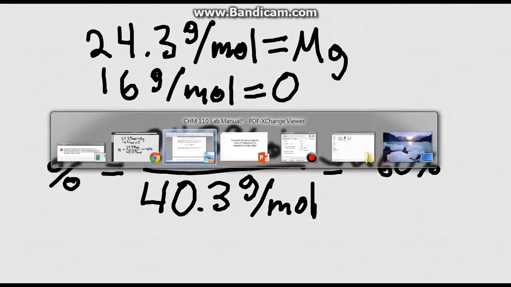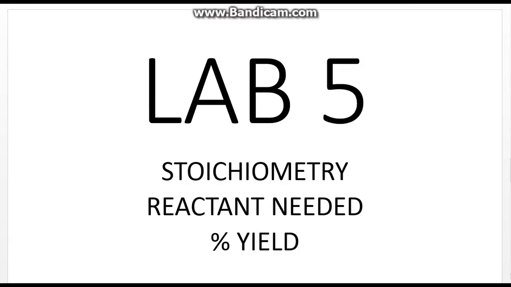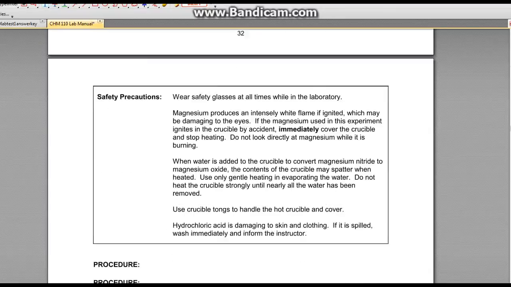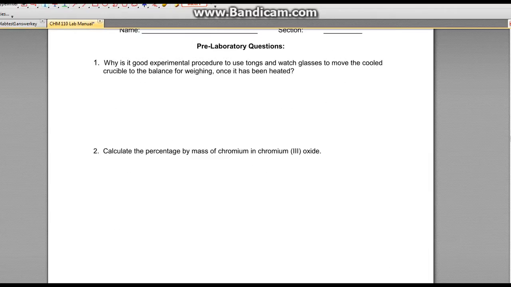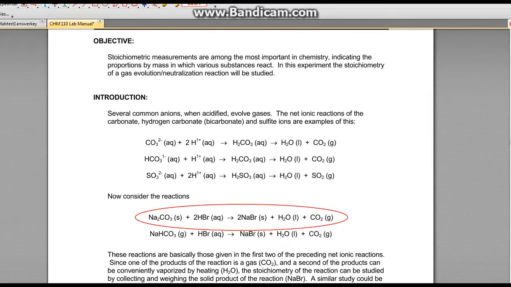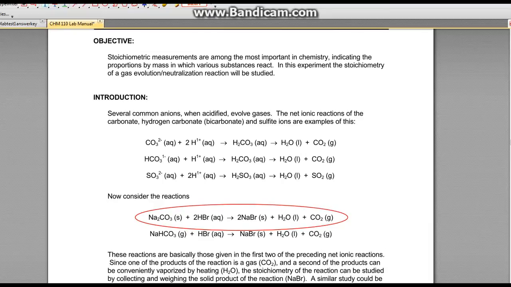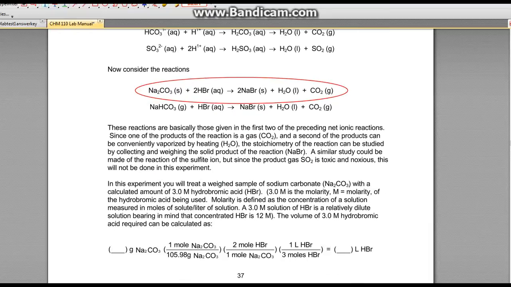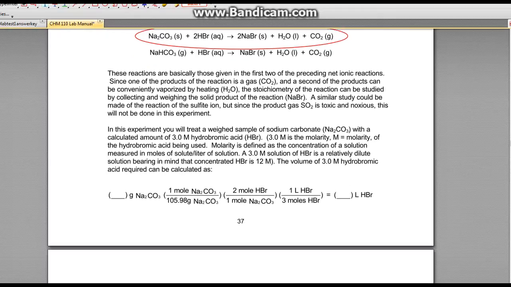Okay, so that would be how you calculate the percent by weight, and that's mostly what you have to figure out how to do in lab 4. Then in lab 5 we start getting into a little bit more stoichiometry and having to understand neutralization reactions, etc. You need to find how much of a reactant you have, and you need to know how to find percent yield.